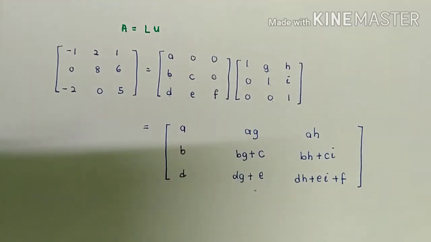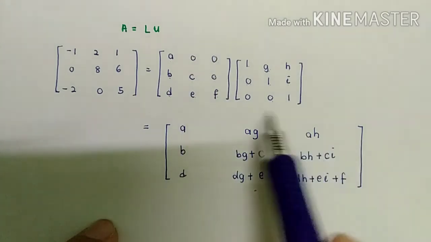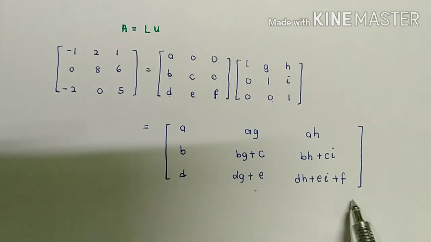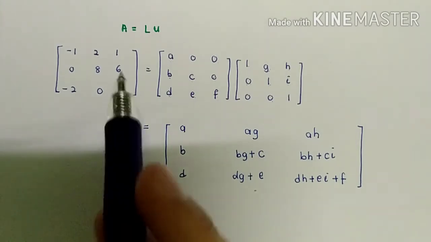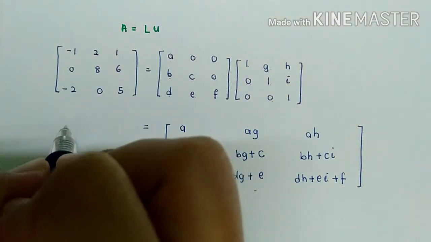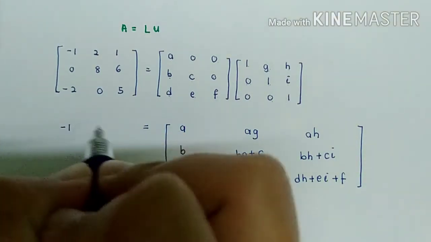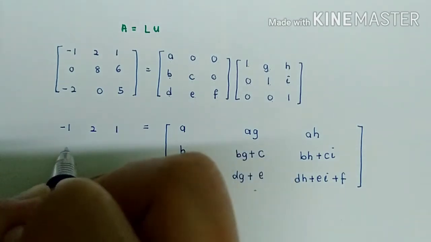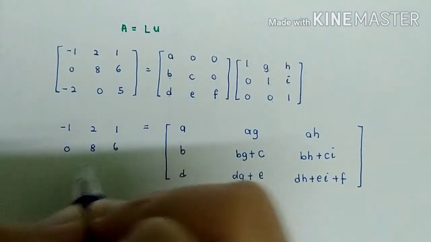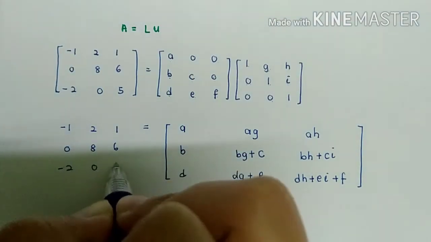So after we get the multiplication of L and U, we must compare with the left side. Our left side is matrix A, so we have negative 1, 2, 1, 0, 8, 6, negative 2, 0, 5.